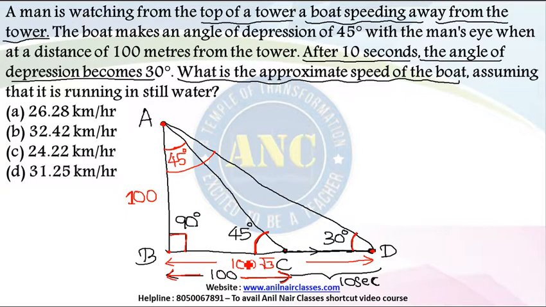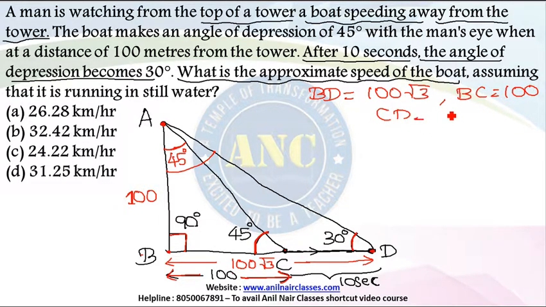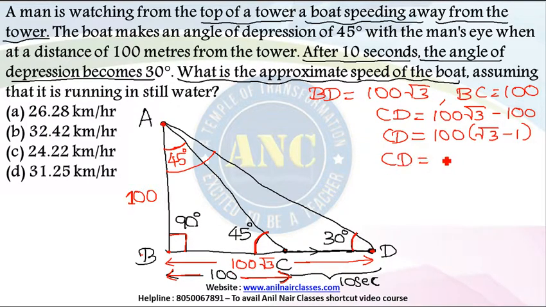So the entire value from B to D is 100 root 3, and the BC value is 100. That means the CD value should be 100 root 3 minus 100.